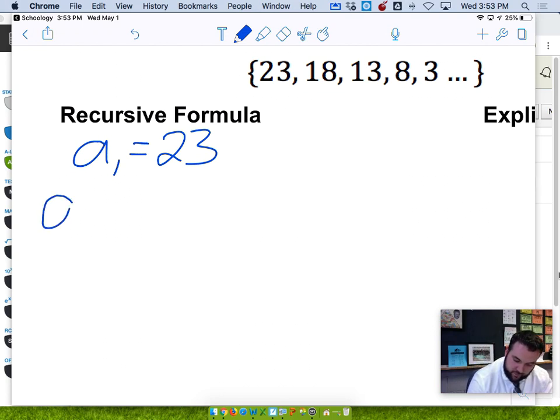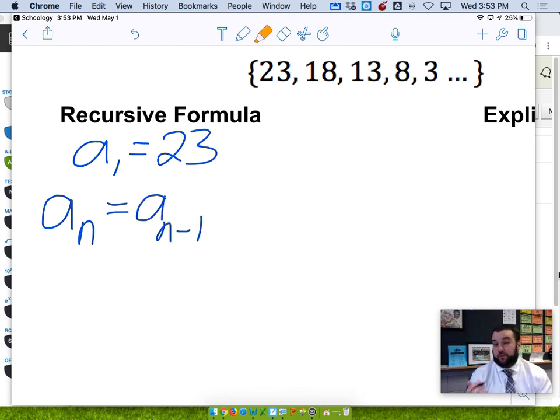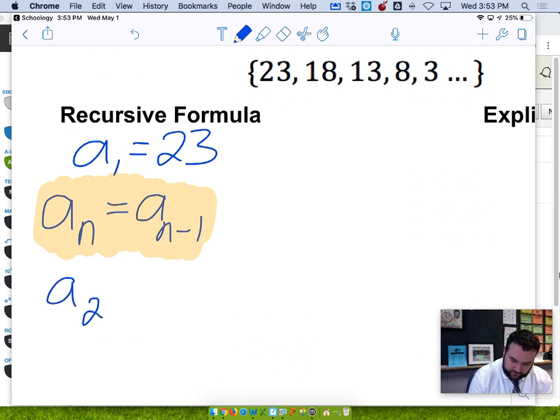And then every recursive formula will always start the same way. Not every one forever, but every recursive formula you are going to write will start the same way. In order to get a certain term, you're going to take the previous term and do what to it. So this is like saying, how do I get the second term from the first term?